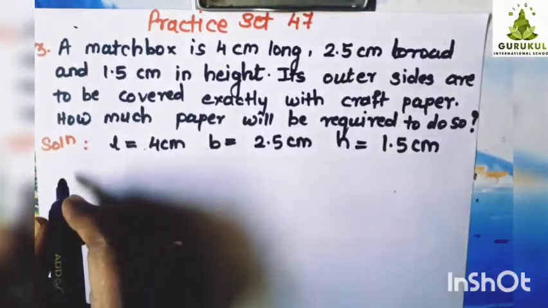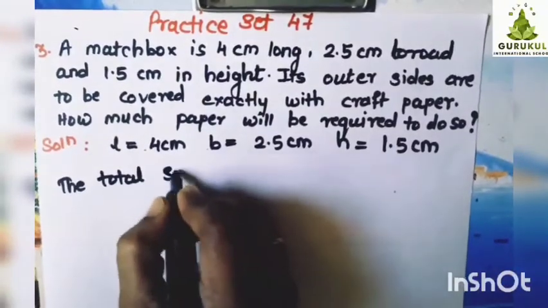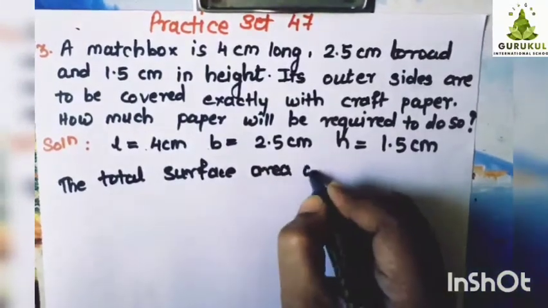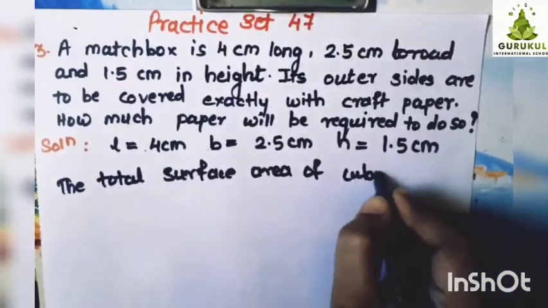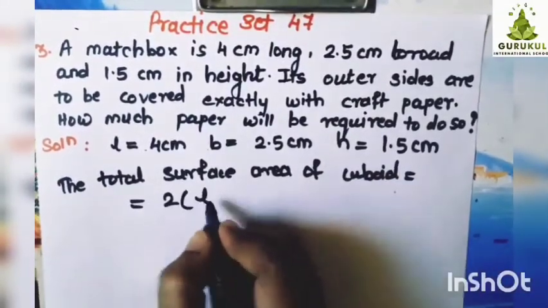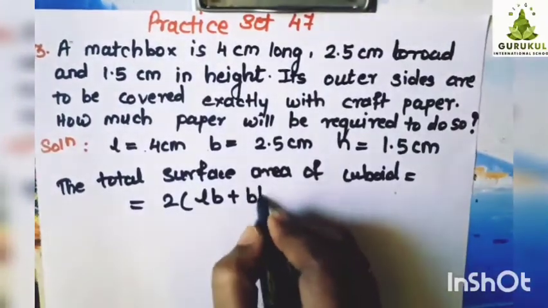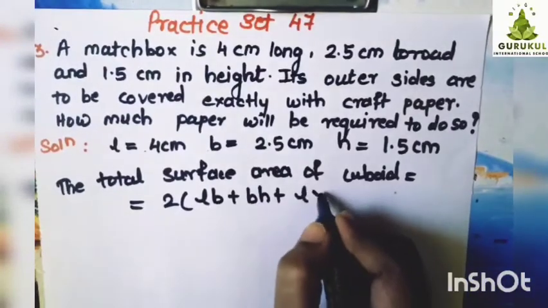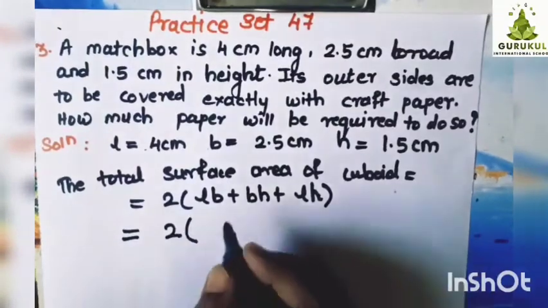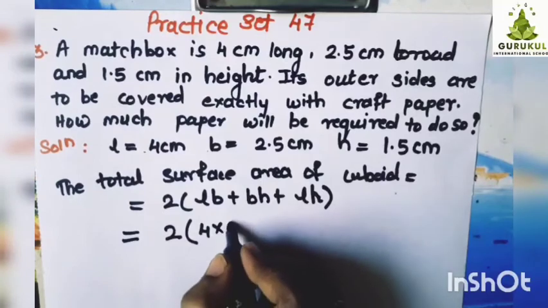We will write down the formula first. The total surface area of the cuboid is equal to 2 into bracket L into B plus B into H plus L into H. Okay, now substitute the values. 2 into bracket, L is how much? 4 into 2.5.